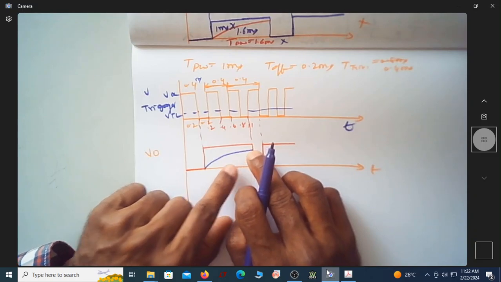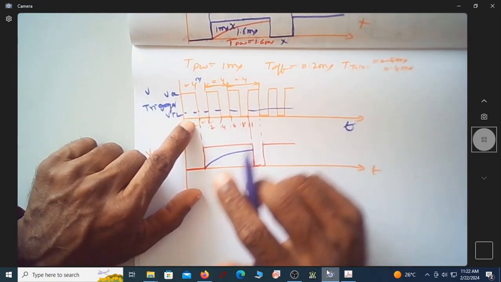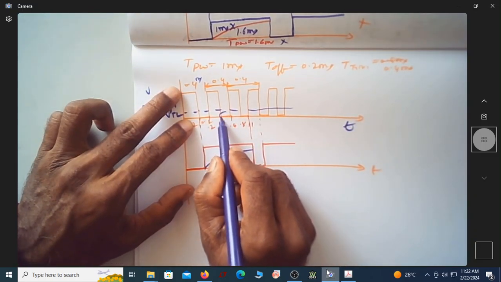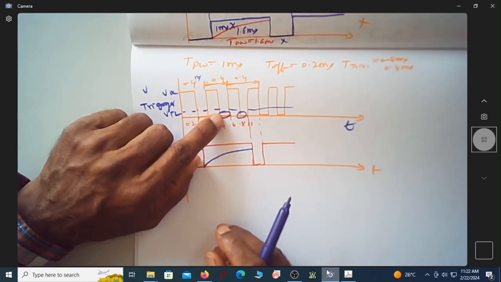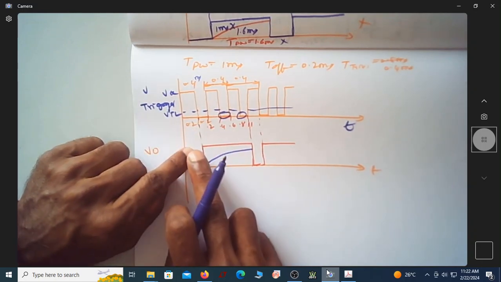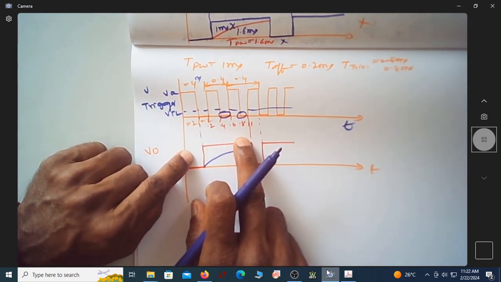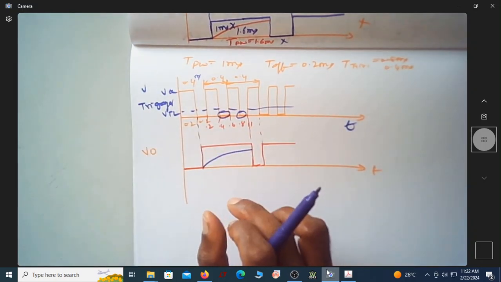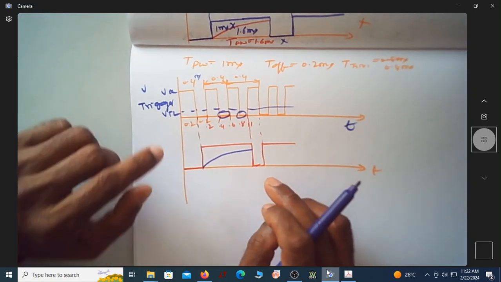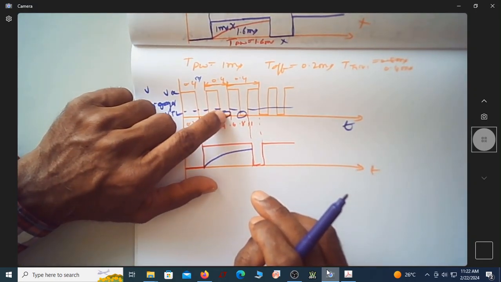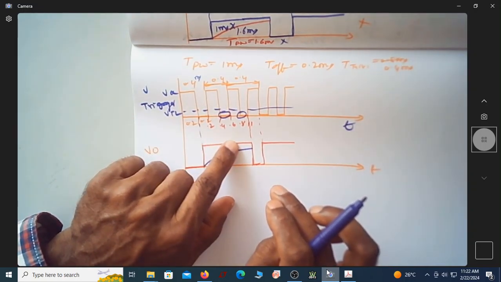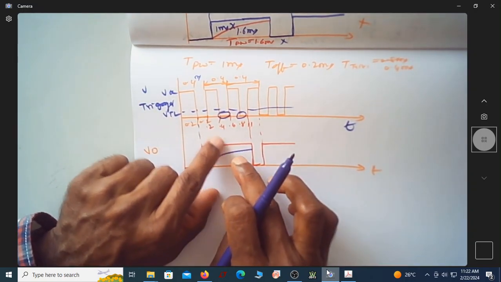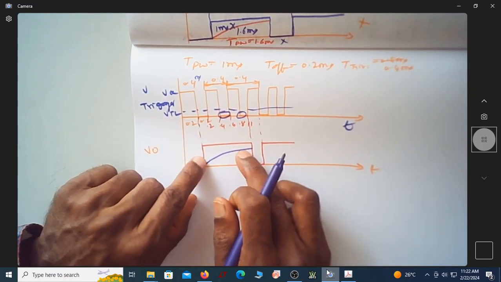At this VTH, before this, can you see you have one more trigger signal here? Even though you have a trigger signal during the quasi-stable state, the monoshot output is not affected by a low trigger signal while the output is in the quasi-stable state. It will look for the trigger signal only after the pulse width.